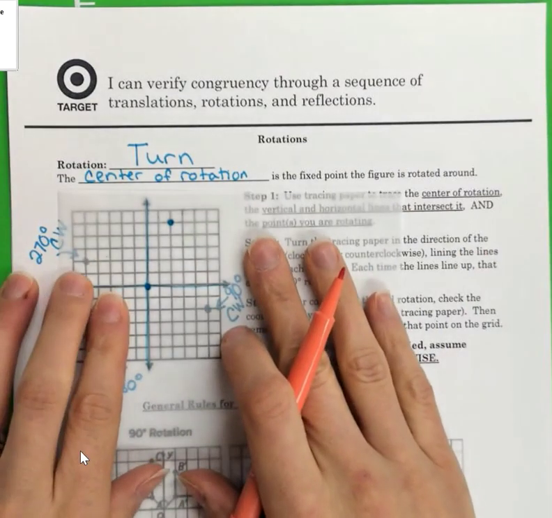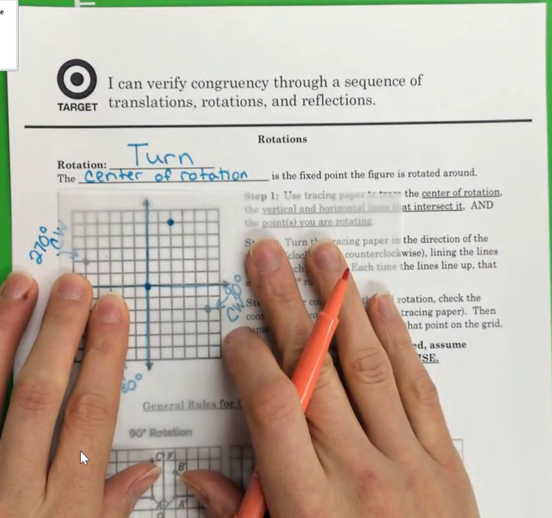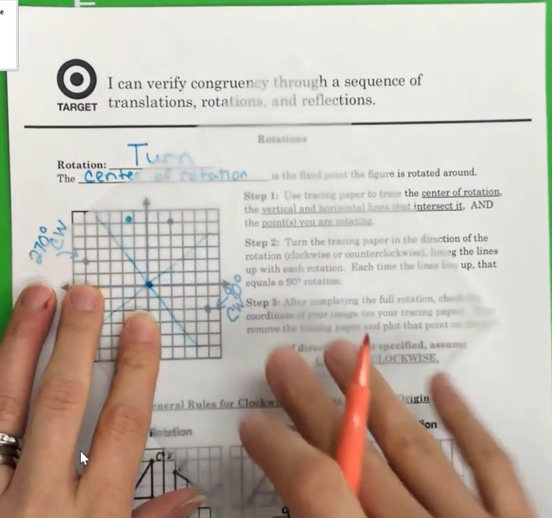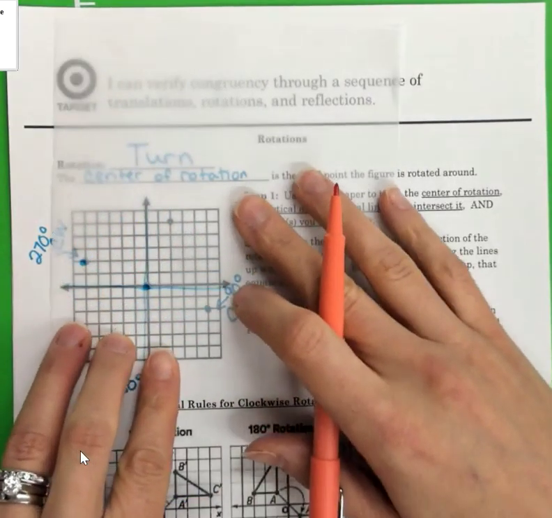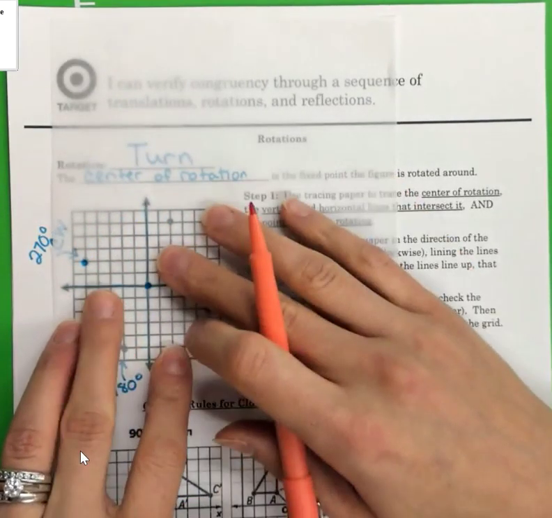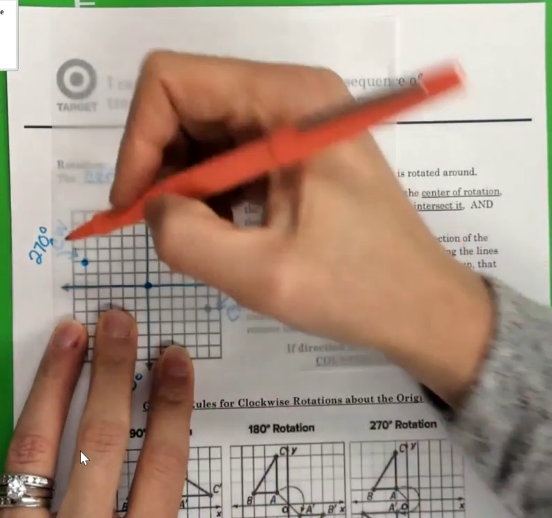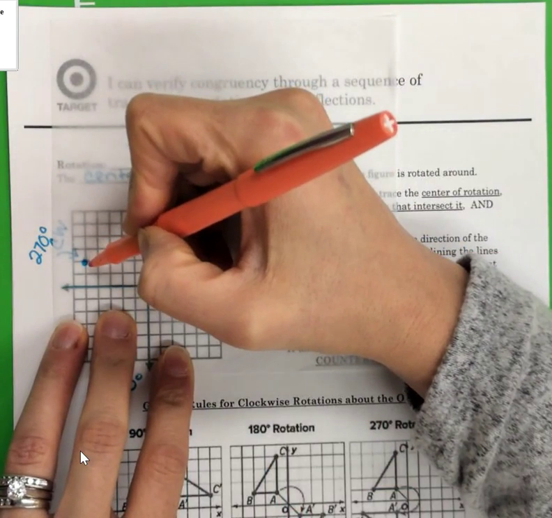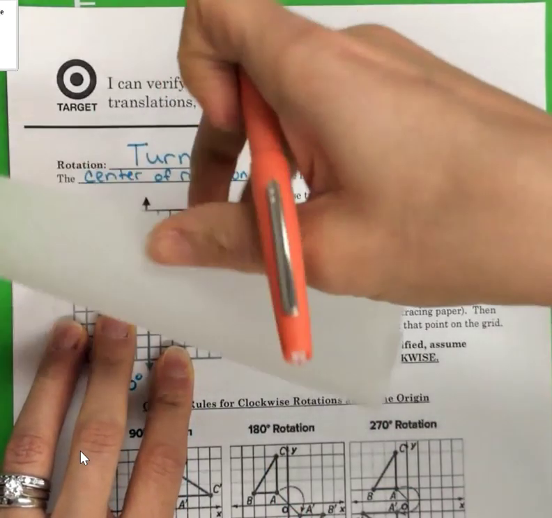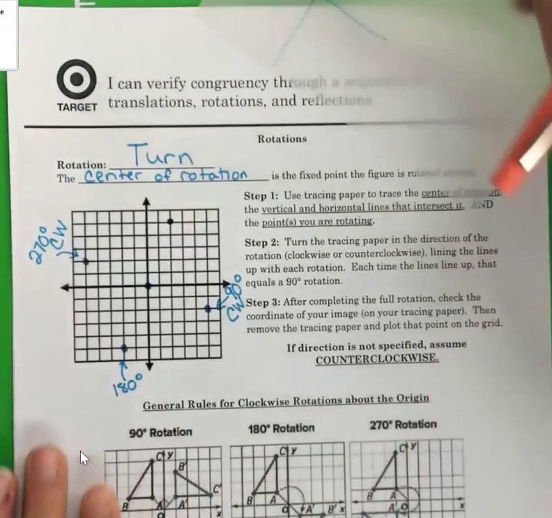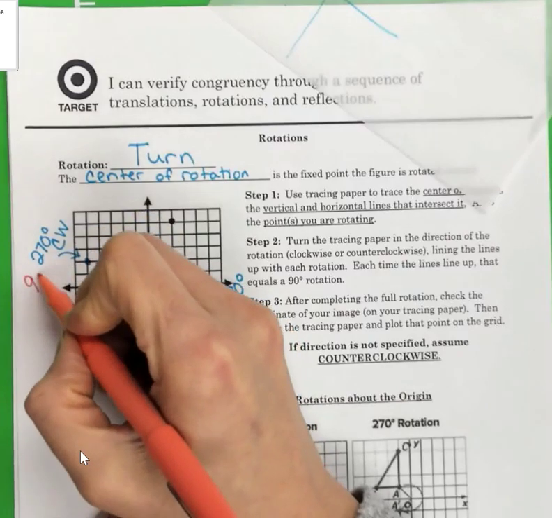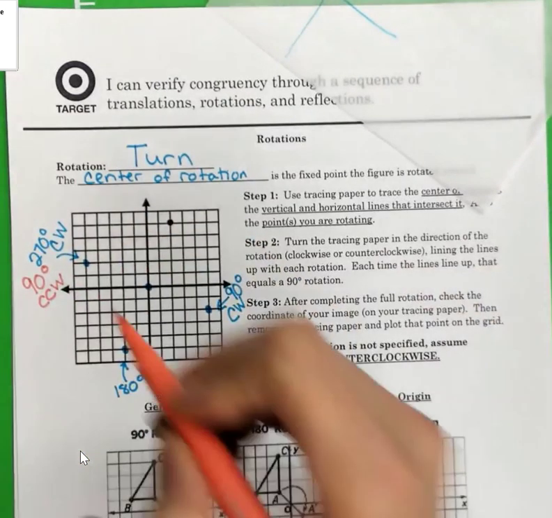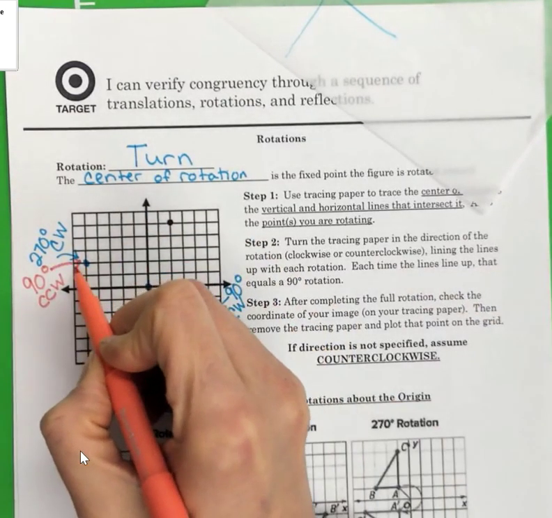So if I were to do a 90 degrees counterclockwise motion, I'm going to turn my paper to the left, and you should notice that my 90 degrees counterclockwise motion landed us in the exact same spot as the 270 degree clockwise motion. So that's 90 degrees counterclockwise, the same exact point.